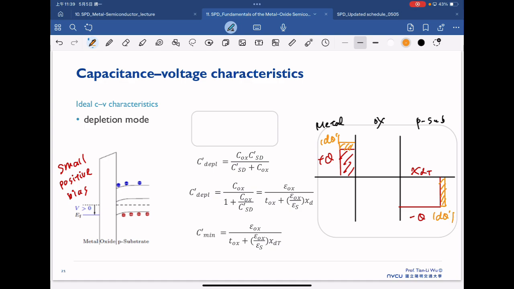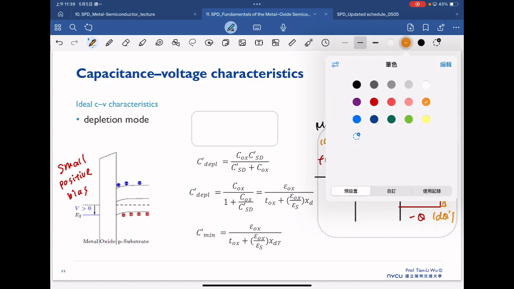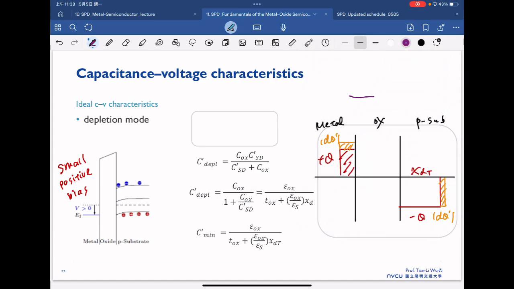So now the capacitance is different from the accumulation mode, because we have to consider the oxide capacitance and also the space charge region capacitance in series, where Cox and C space charge are in series here.